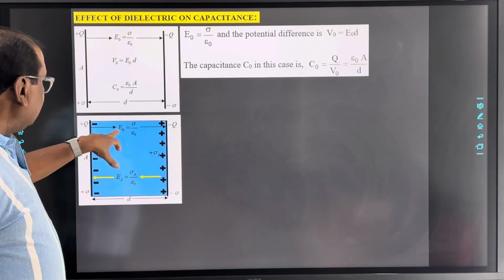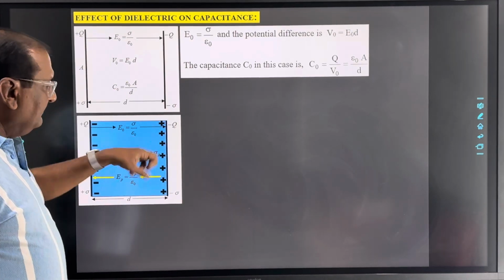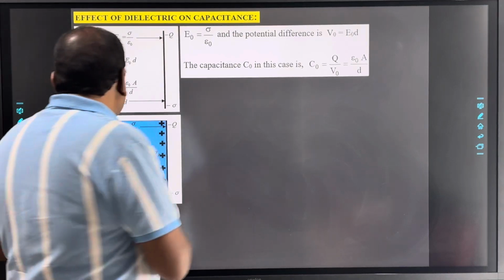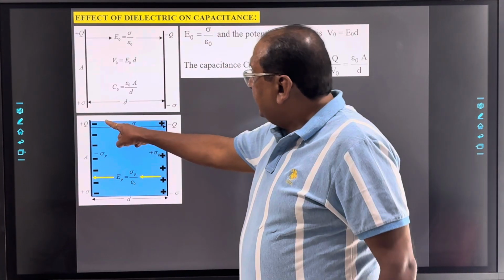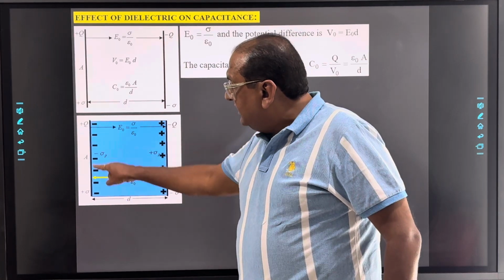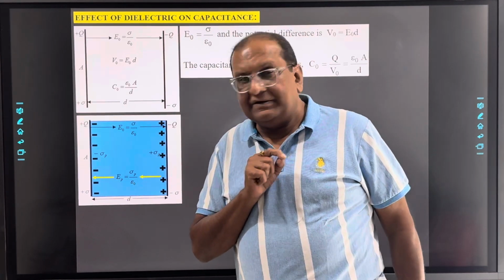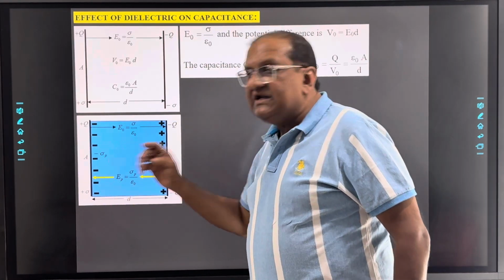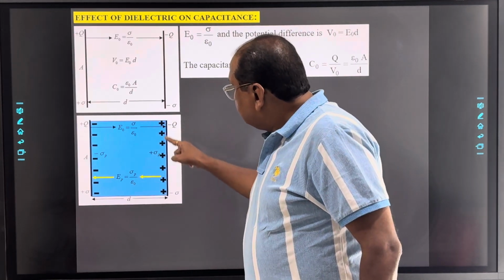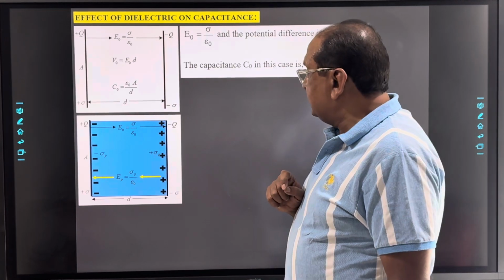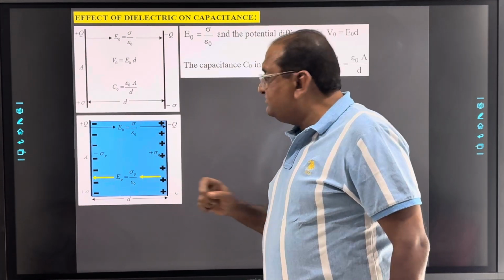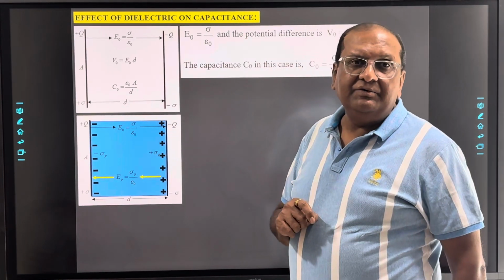And now in that electric field, this dielectric substance is introduced. So here what happens? Resultantly, at the surface of the dielectric substance which is close to the positive plate of the capacitor, the negative charge will be induced. And the surface of the dielectric substance which is close to the negative plate, the positive charge will be induced.